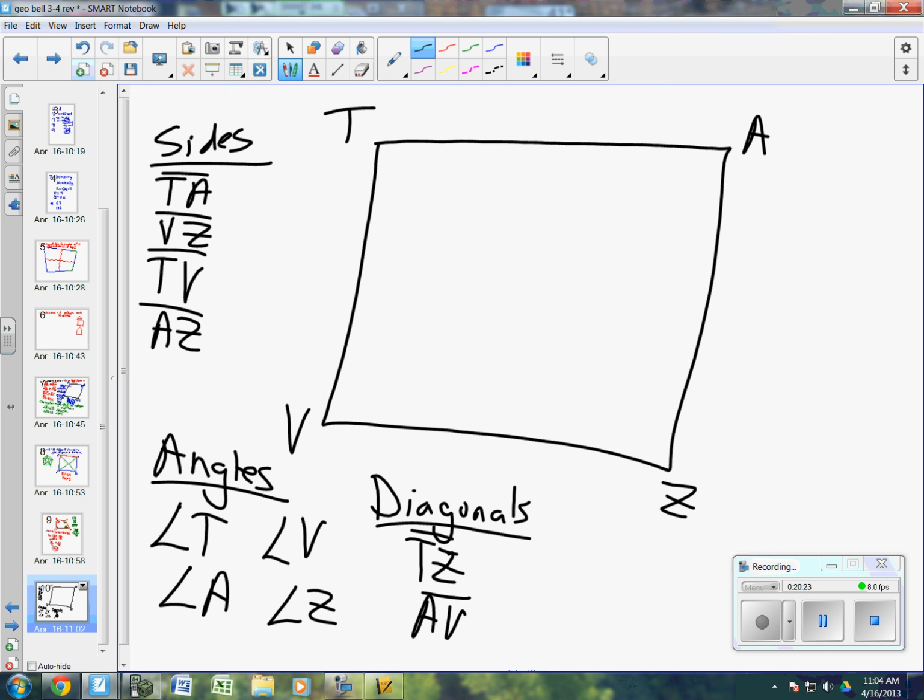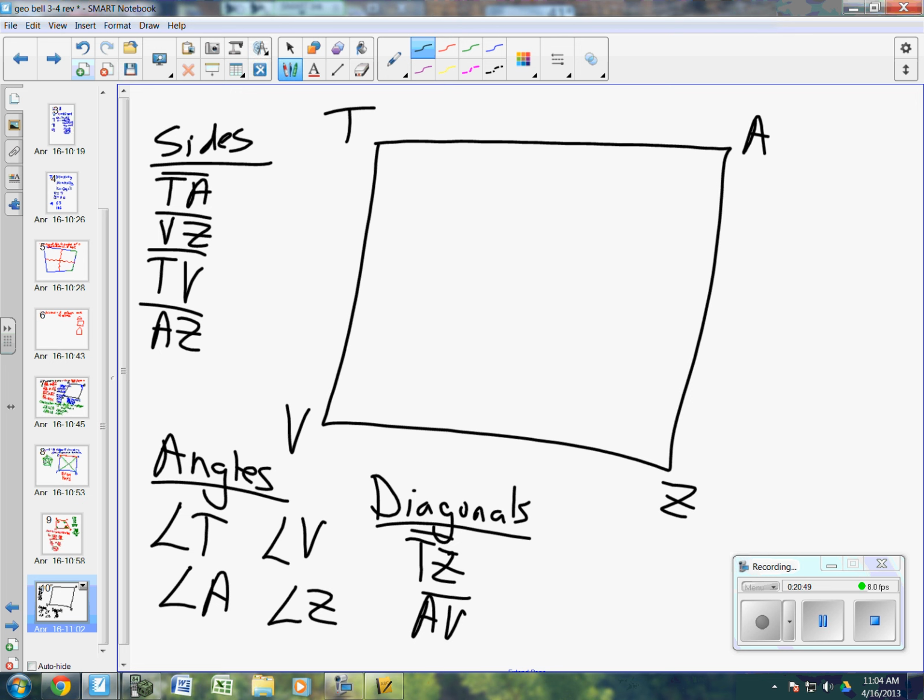Okay, now if it said, here are the four sides, which of these are consecutive sides? Can you name me a pair of consecutive sides? What are consecutive sides again? They share the same vertex. Okay, so TA and TV.